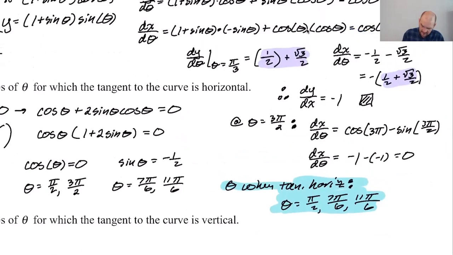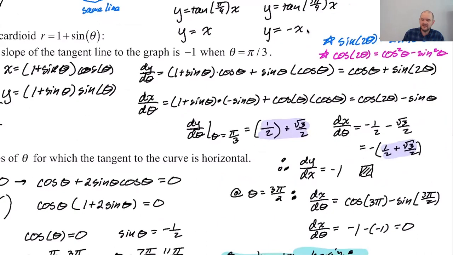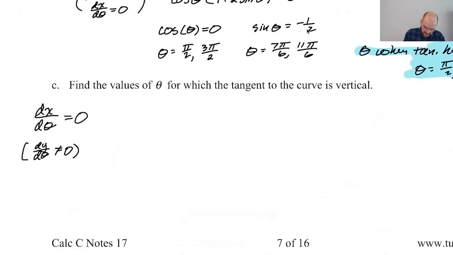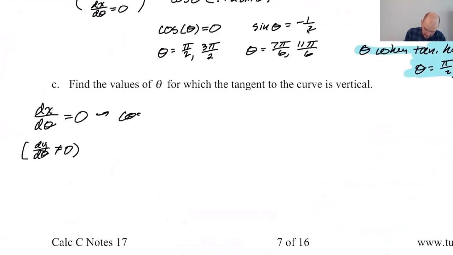and it's easier to think of it using formulas. Cosine of 2 theta is 1 minus 2 sine squared. So cosine of 2 theta minus sine of theta equals 0. Cosine of 2 theta is 1 minus 2 sine squared of theta, minus sine theta.